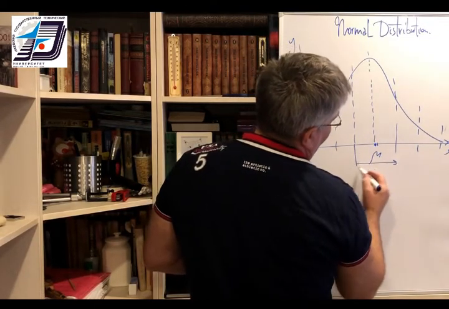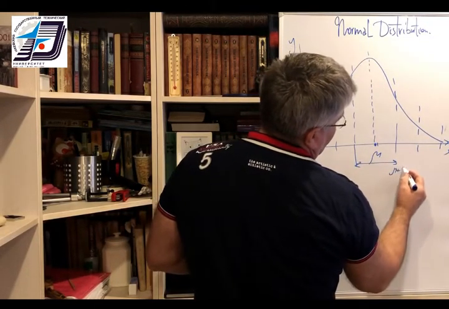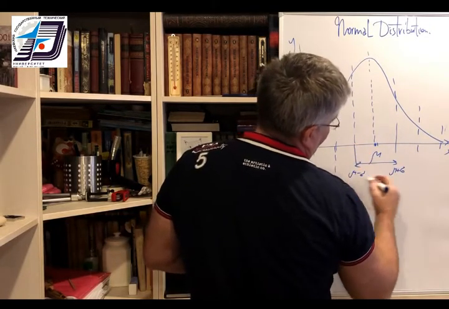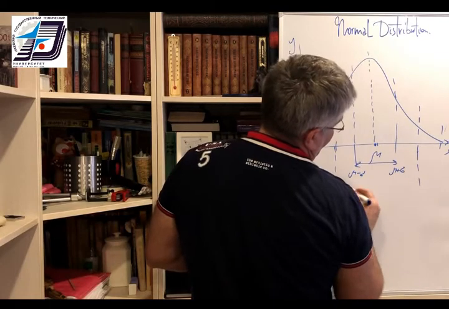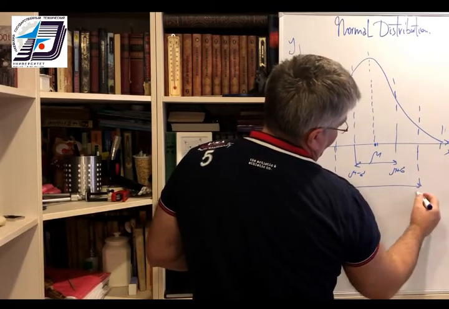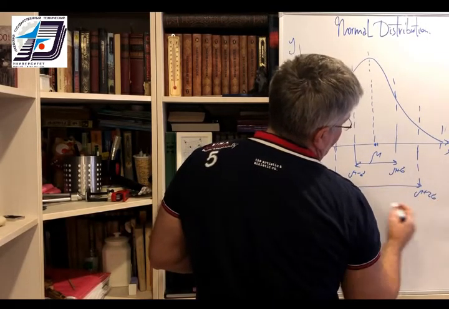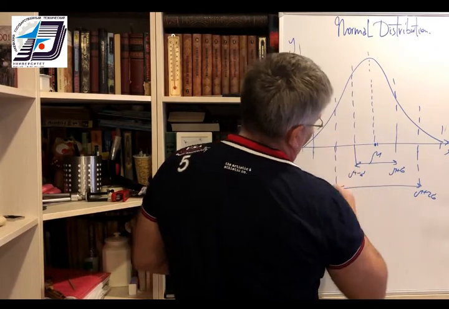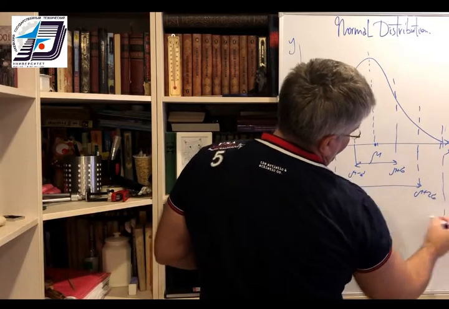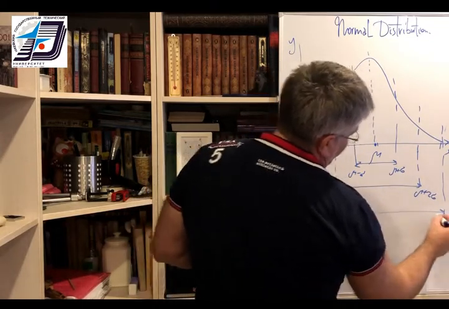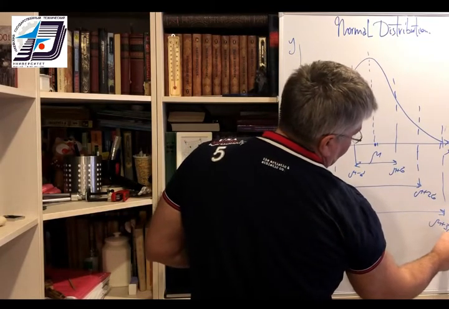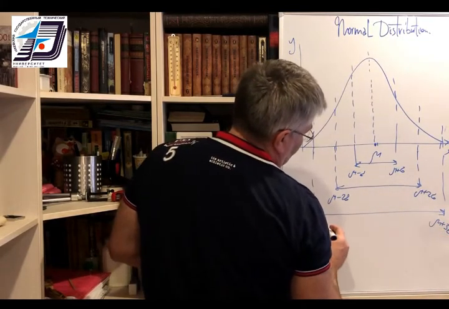So here you have mu plus sigma, mu minus sigma. Here, mu plus double sigma, mu minus double sigma, and here you have mu plus 3 sigma and mu minus 3 sigma.